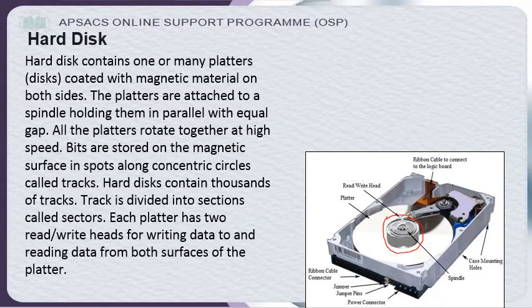There may be hundreds or thousands of tracks on your hard drive, and these tracks are divided into sectors. So let me create some sectors here. The division is like this, and it will create a sector for you.